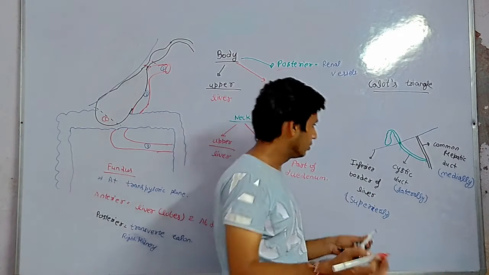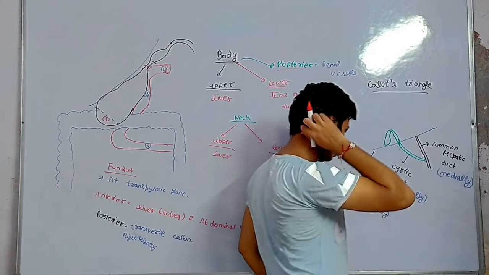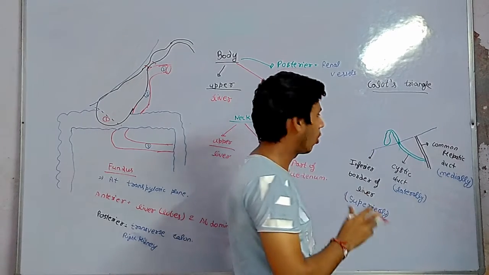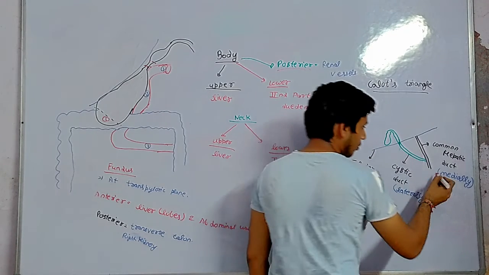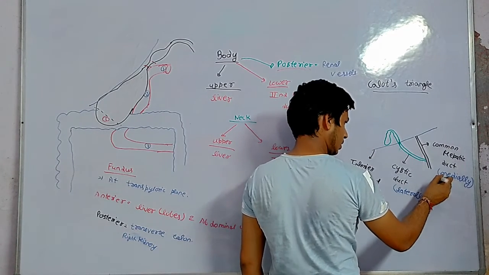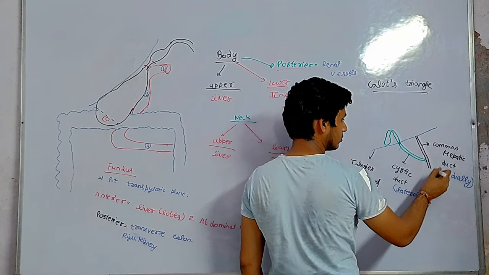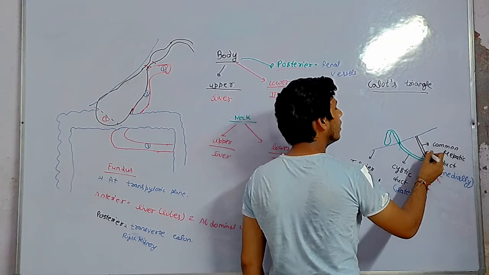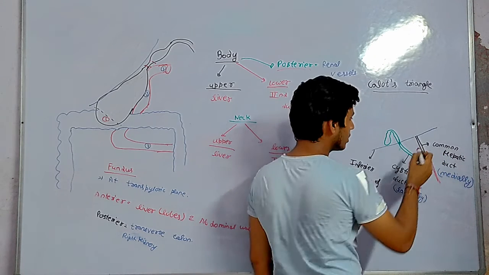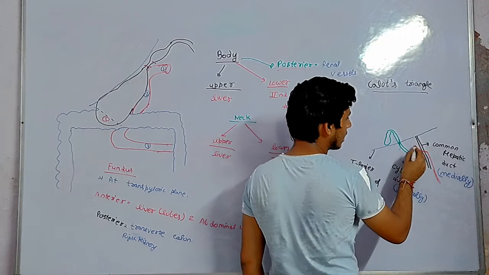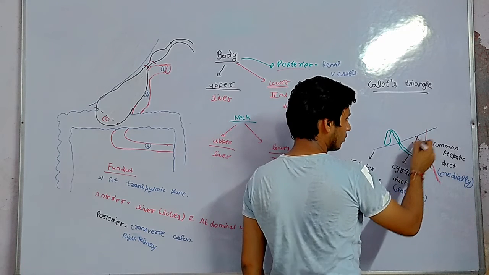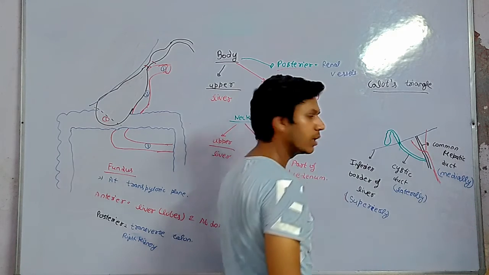This is important. What are the contents? It's just a triangle formed near the gallbladder. First, we know the hepatic artery divides into right and left branches. The right branch is a content of this. The left branch goes above. The first content is the right branch.